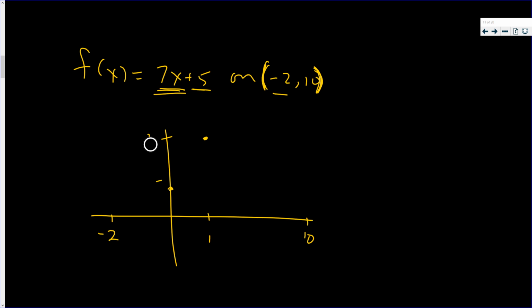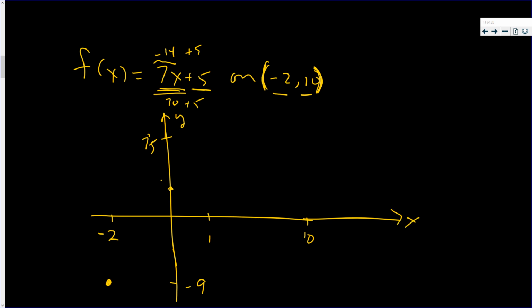When you plug in -2, you're going to get negative 14 plus 5, which is negative 9. So you're going to have this point, and if you plug in 10, you're going to have 70 plus 5, which is 75. Let's say it's those points. Now, it goes like this.